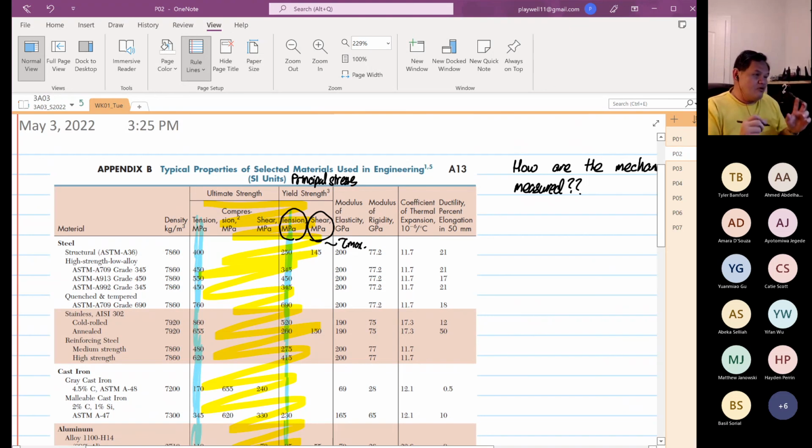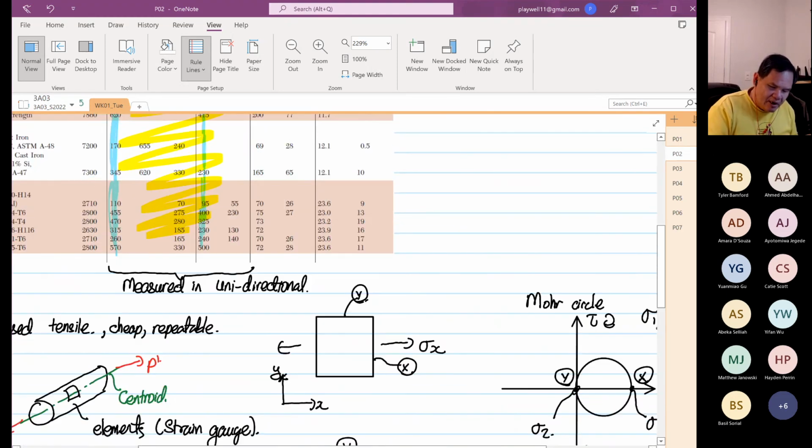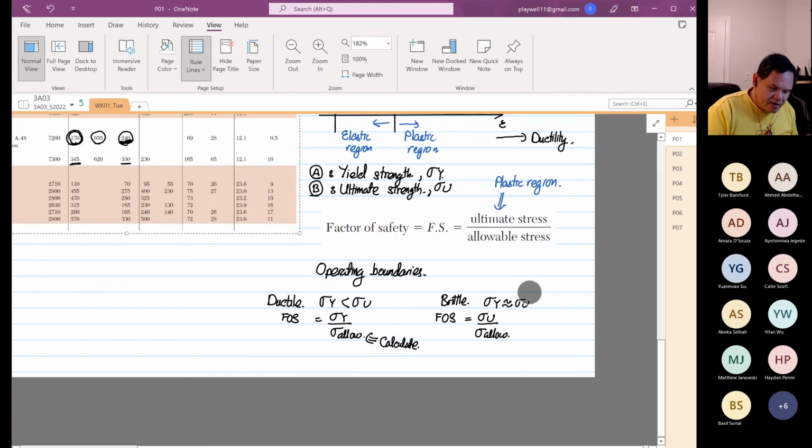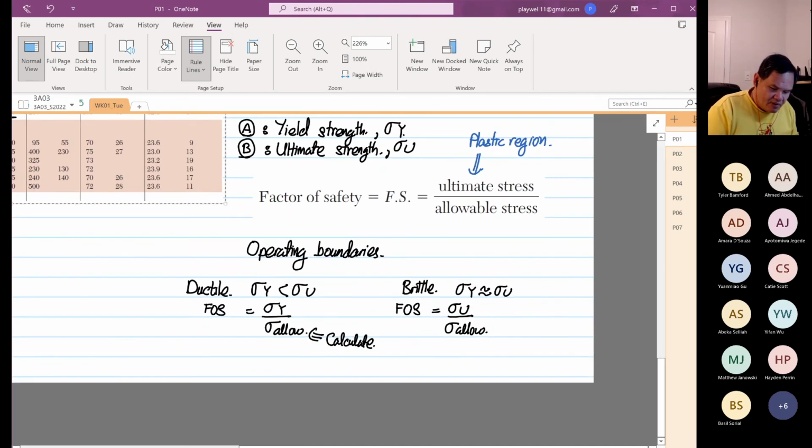Now I want to focus just on the U. Because we know that usually when we design material in the ductile region, it's usually the U strength. And I'll make a statement regarding the factor of safety, right?